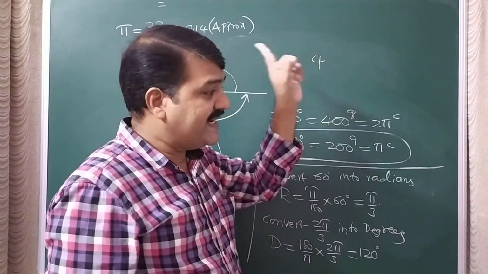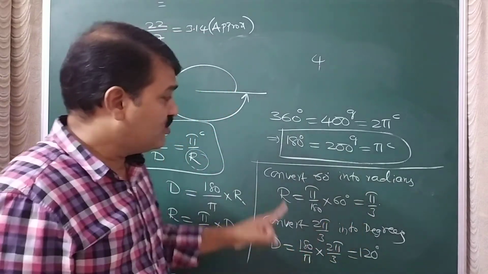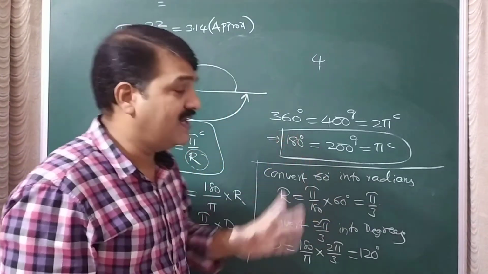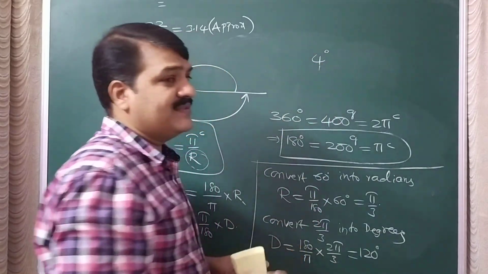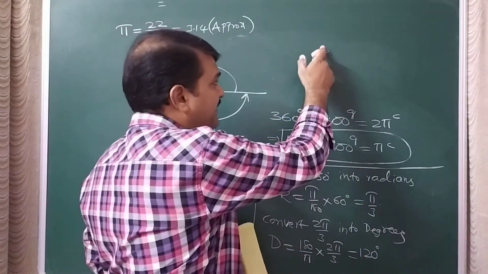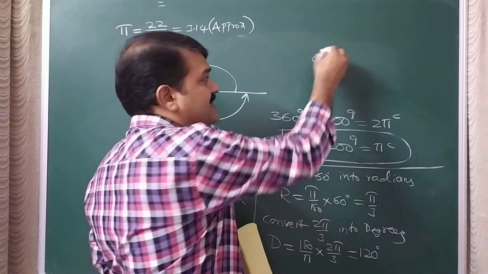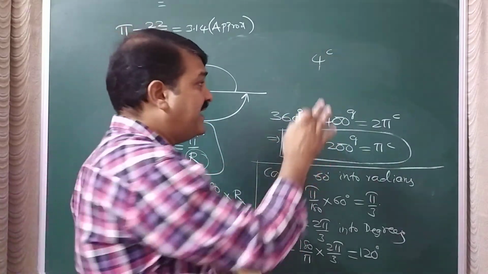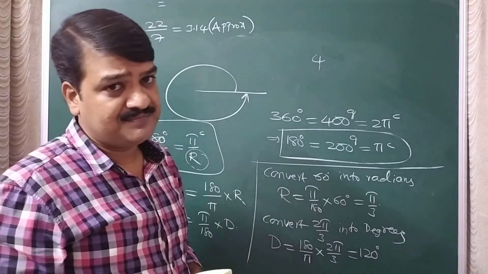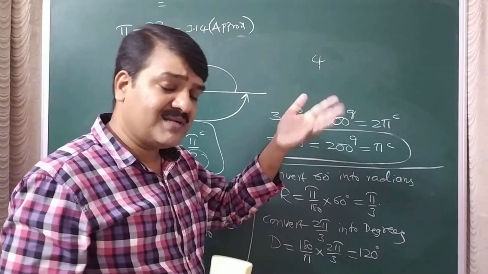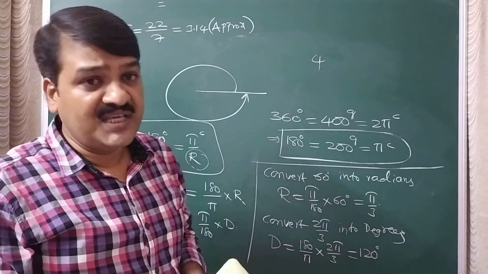For the angle in terms of degrees, you must mention the symbol. But for radians, no need of indicating the symbol. If no symbol is given, that is understood to be in radian measure only.